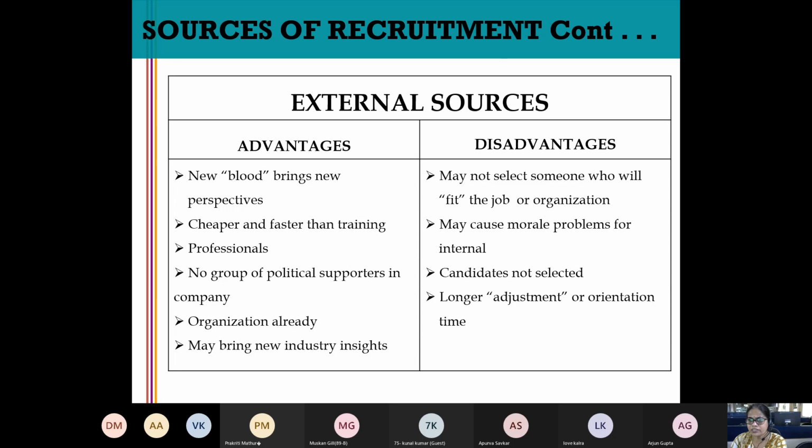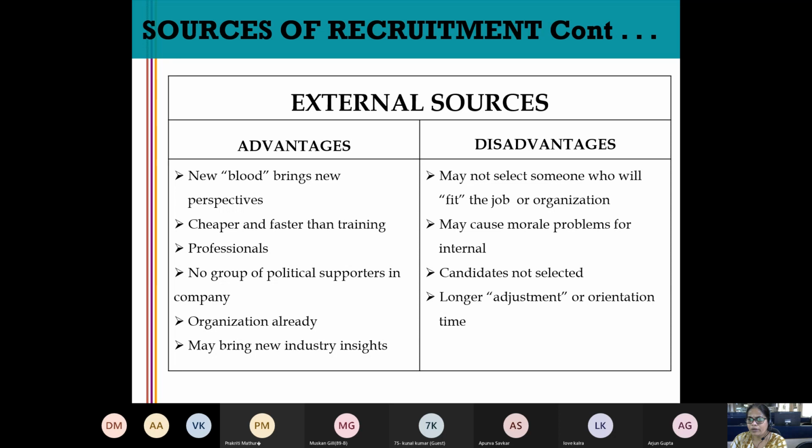What are the advantages and disadvantages? You very well know, I'll tell you fast: new blood brings in new perspectives. It requires cheaper and faster training, because they have learned a few things on their own, or they have previously experienced some of the extra things required to complete the job profile.